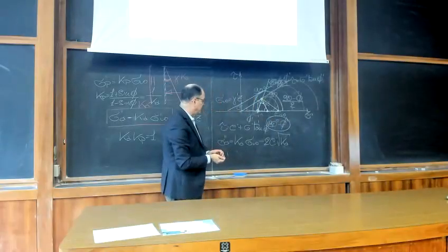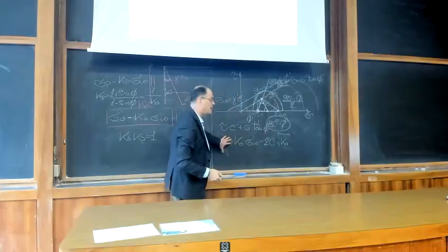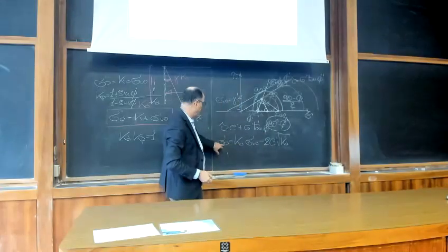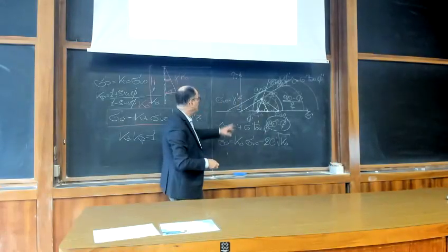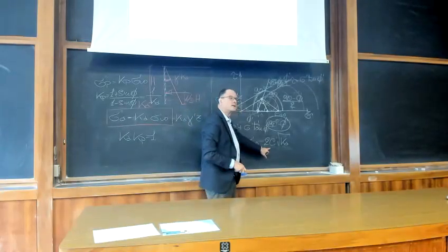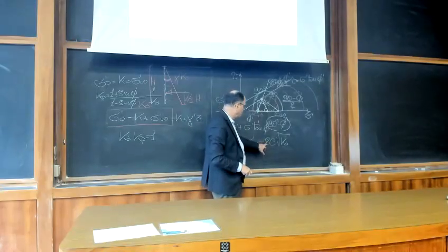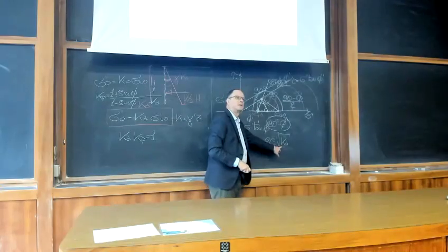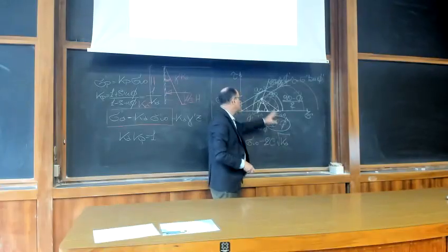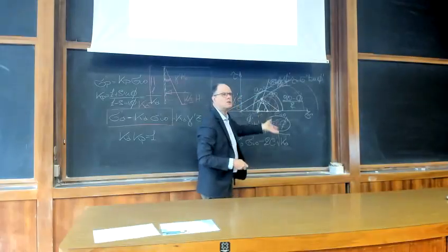Okay? So in fact, if you have no cohesion, this term is not there, and you end up with the same expression that we found before. So if you have some cohesion in your soil, you have to add this constant term. Actually, there is a minus here, so you have to subtract 2c prime the square root of Ka. This comes from another similar geometrical construction, which we can skip.